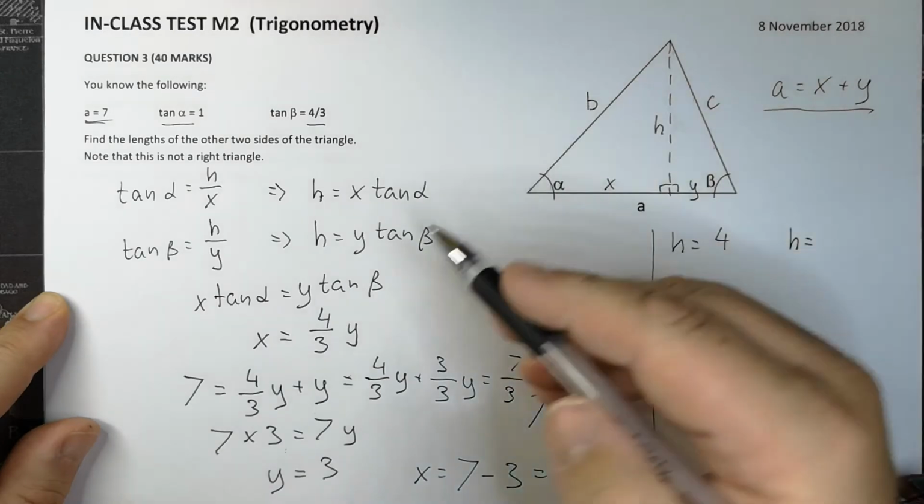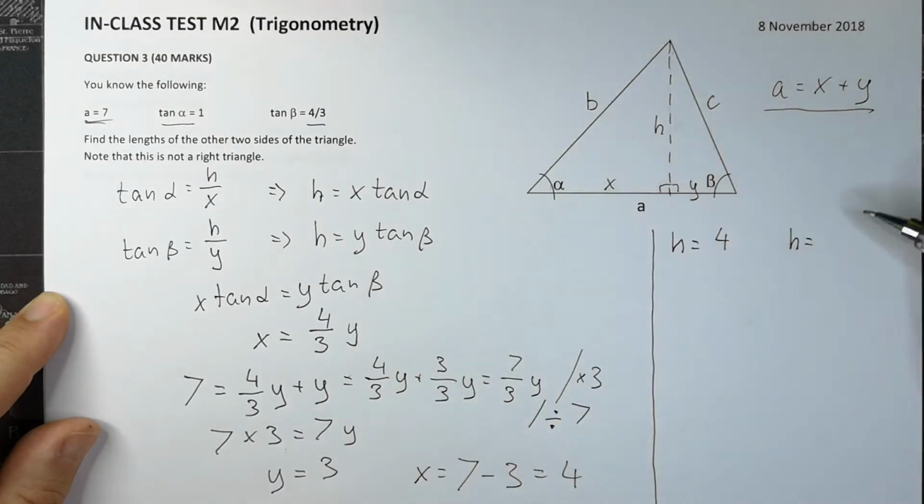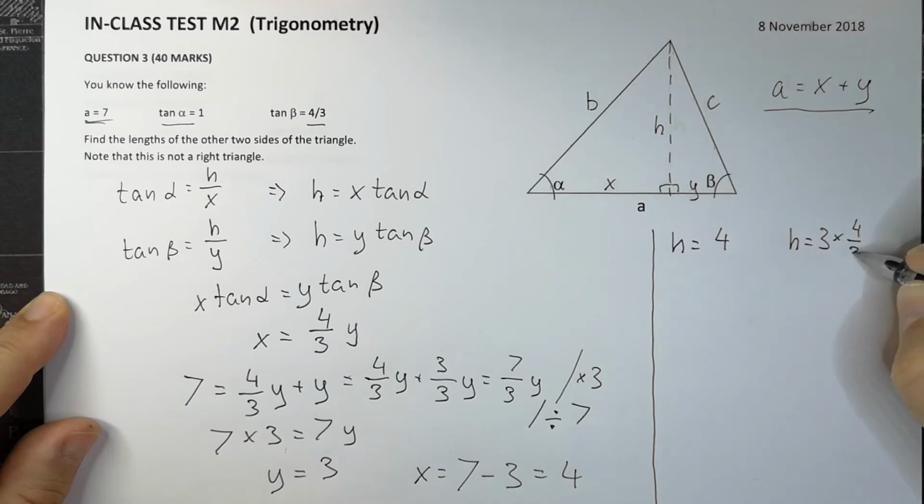I should also be able to get the same result from the second equation, so Y is 3 times tangent beta is 4/3, 3 times 4/3, it's 4 as well, so everything is alright.